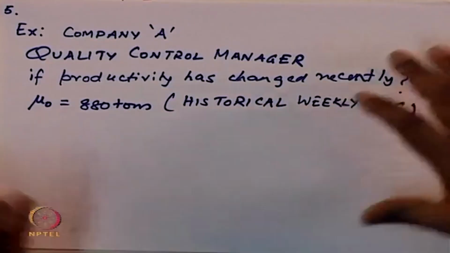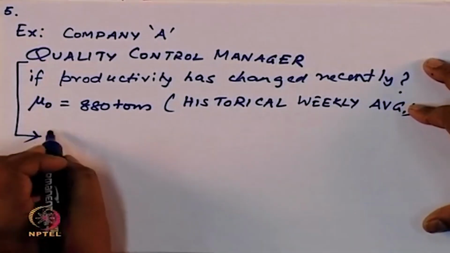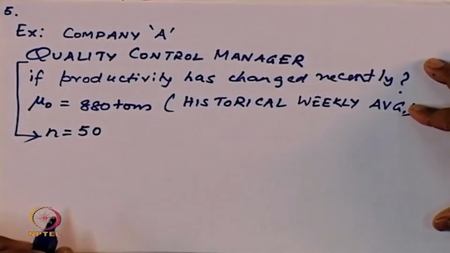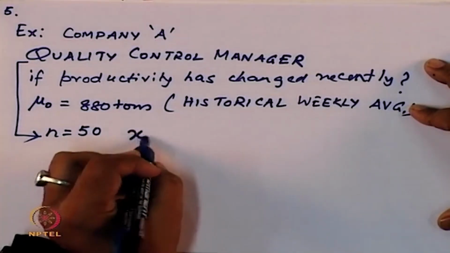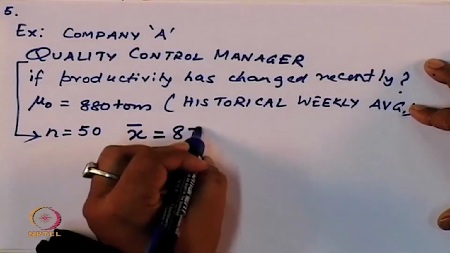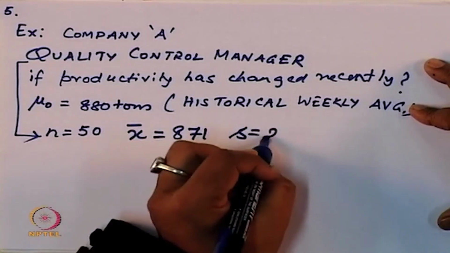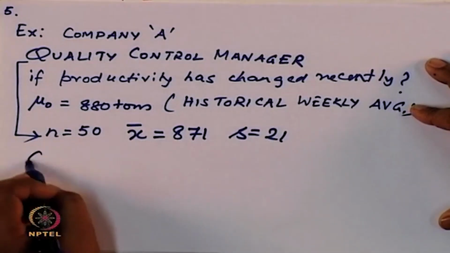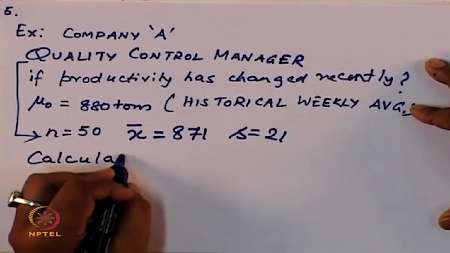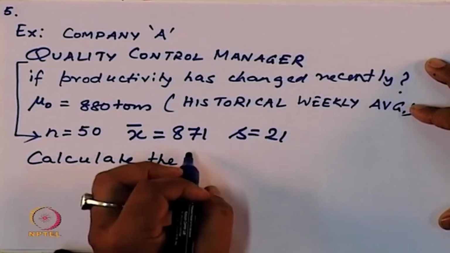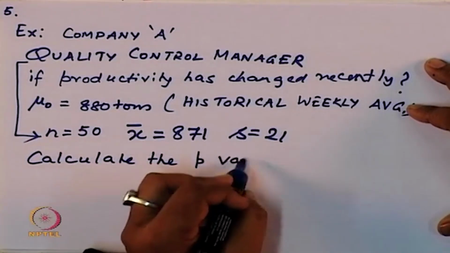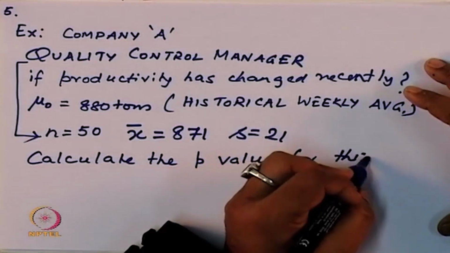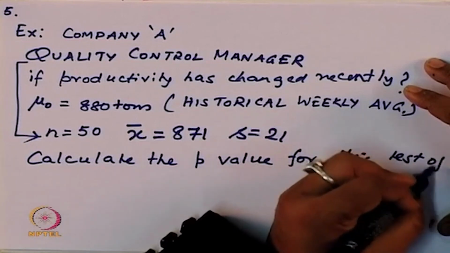So the quality control manager draws a sample of 50 products, and for this he calculates x bar as 871 and S as 21. We want to calculate the p value for this test of hypothesis.